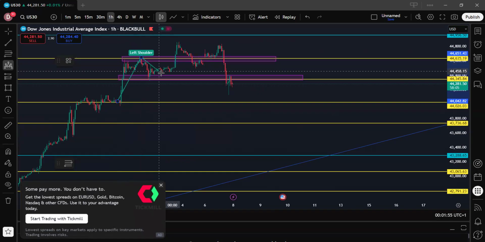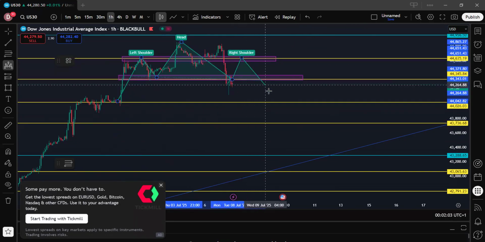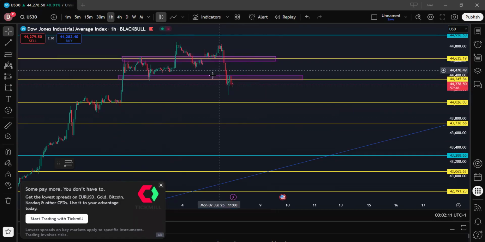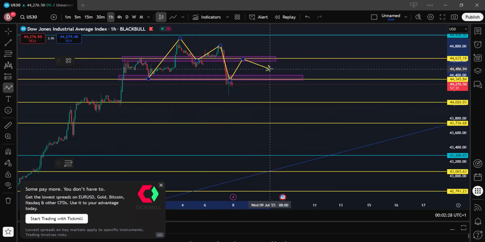From here, it's the left shoulder. This is pretty much the head, and push down. We are seeing a bit of a formation form, which you could say is here, and then a straight drop, but an expectation of a retest around this area like 44,635, and a straight push to continuation to the downside will really confirm it.